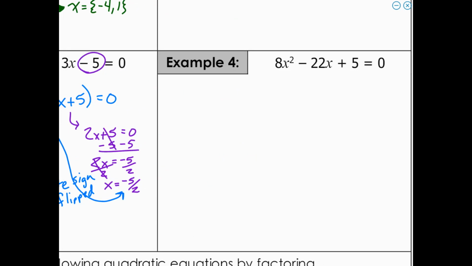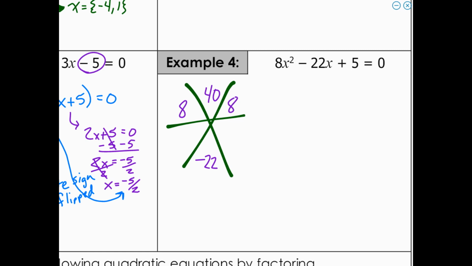Okay? There's no greatest common factor, so I'm going to go straight to my star. What's going to go in the top? Eight times 5. So 40. Okay, and in the bottom? Negative 22. And on my sides? 8. Okay, 8.